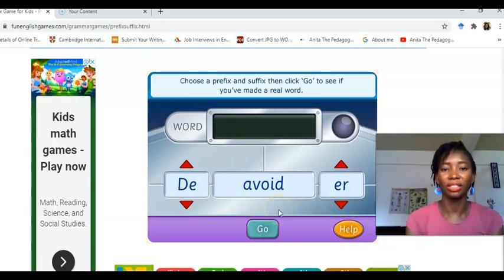So here it takes them to a higher level where they have to use a combination of the two. They have to make sure that they are choosing the right prefix and the right suffix.